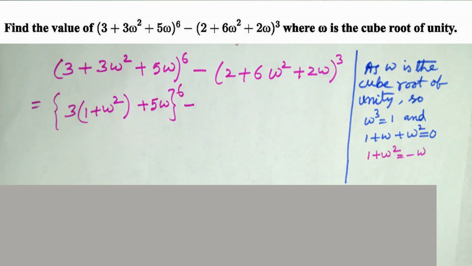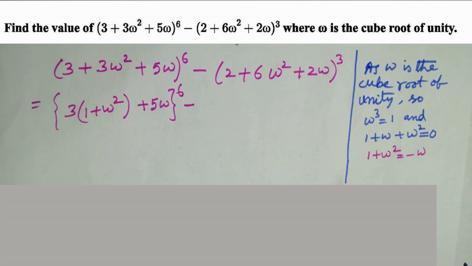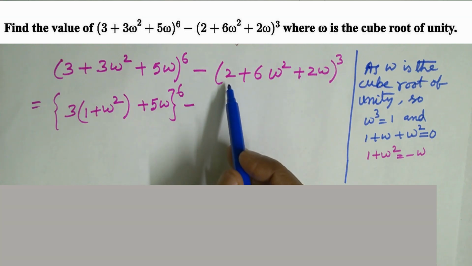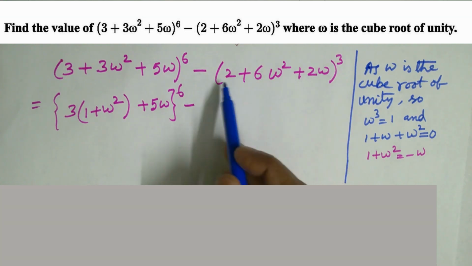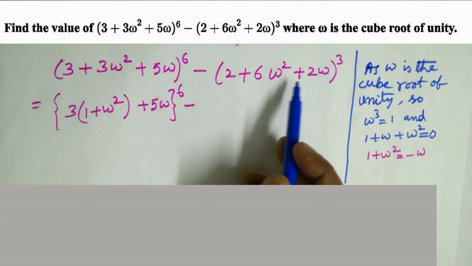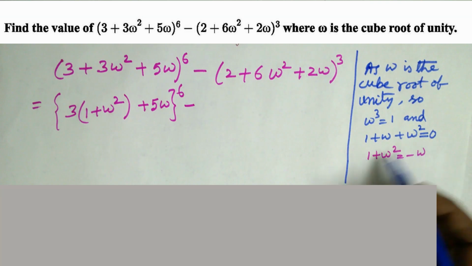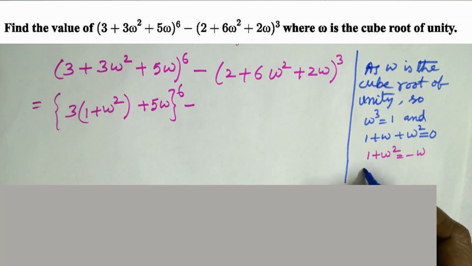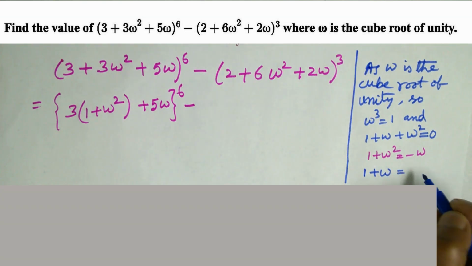Similarly, from these two terms 2 and 2ω, take out common 2, and we will have 1 + ω, which is equal to −ω².